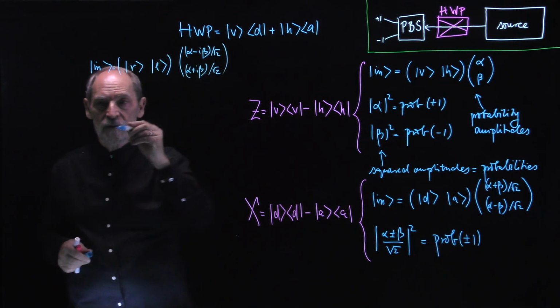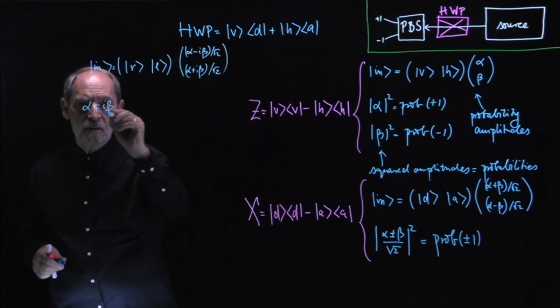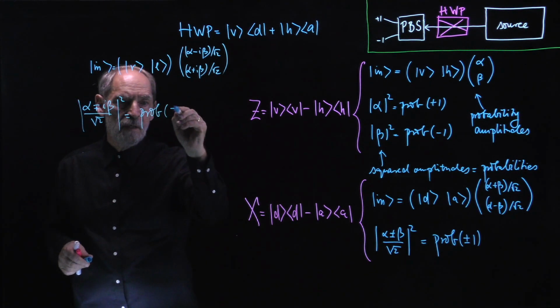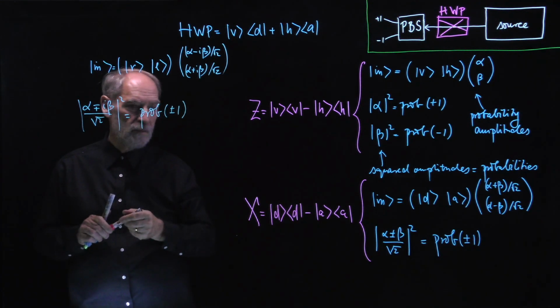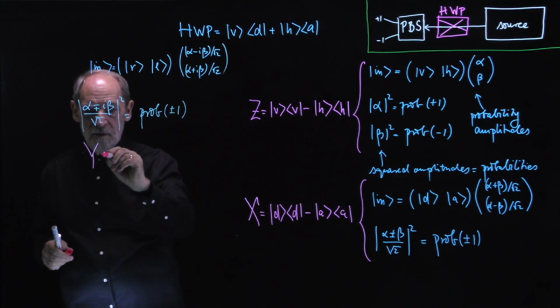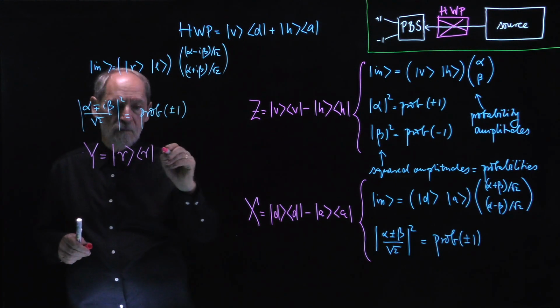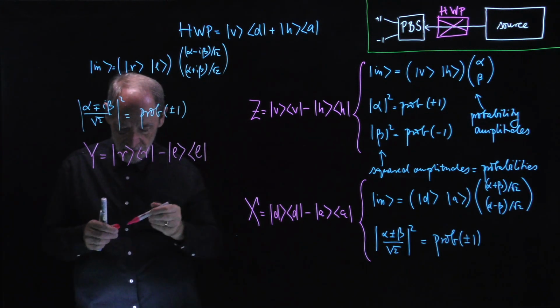And now the squares of these probability amplitudes give us the probabilities for outcome +1 and -1 if the experiment probes for the quantity Y, which is the right-handed with the plus sign, and left-handed with the minus sign.